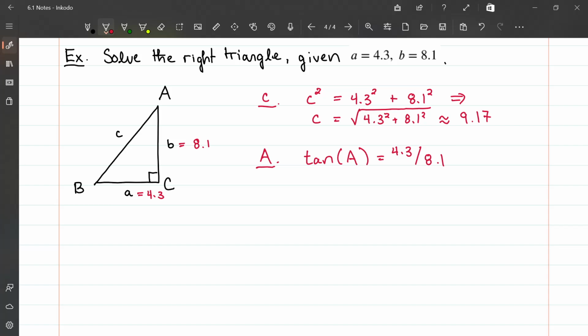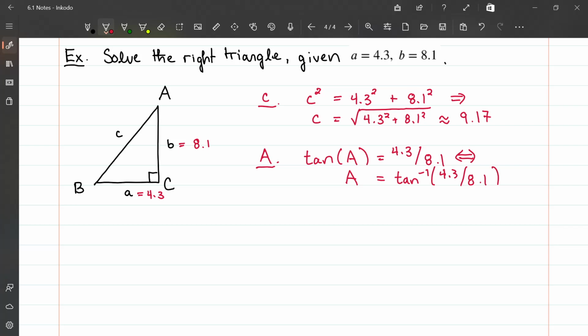With a relationship like that, and since I know that big A is going to be guaranteed an acute angle because of the restrictions on these angles that we need to make right triangles, I'm allowed to rewrite this using inverse trigonometry. By inverse trigonometry, if I can write tangent of A is equal to this fraction, I should also be able to write A is equal to the inverse tangent of the fraction, or the arctangent, as I prefer to say.